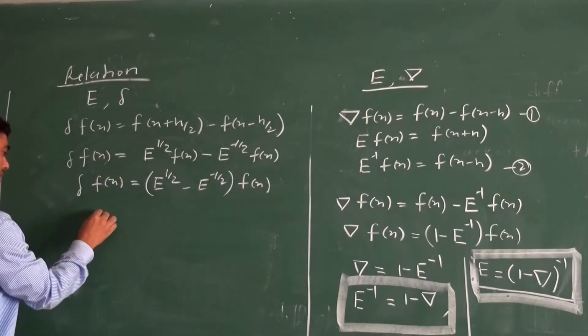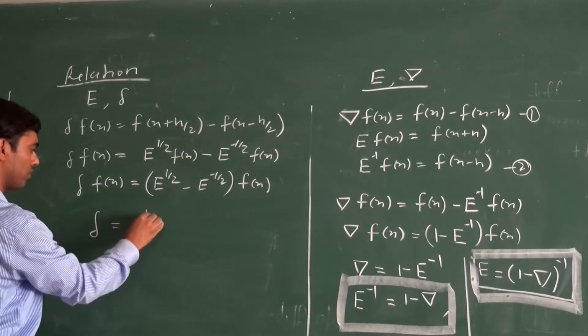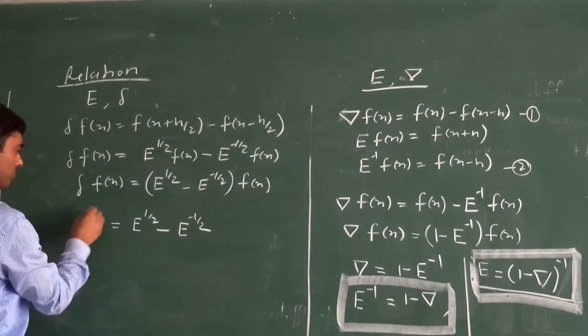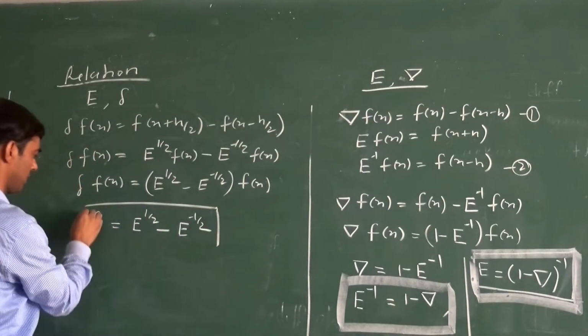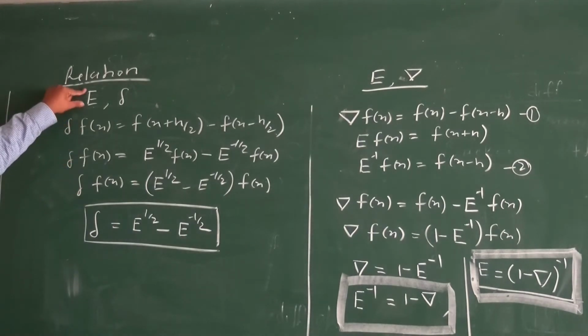The relation becomes δ = E^(1/2) − E^(−1/2). This one is the relation between the shift operator and the central difference operator.